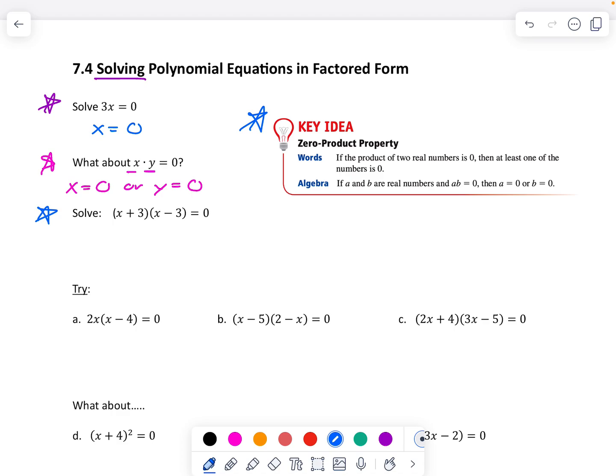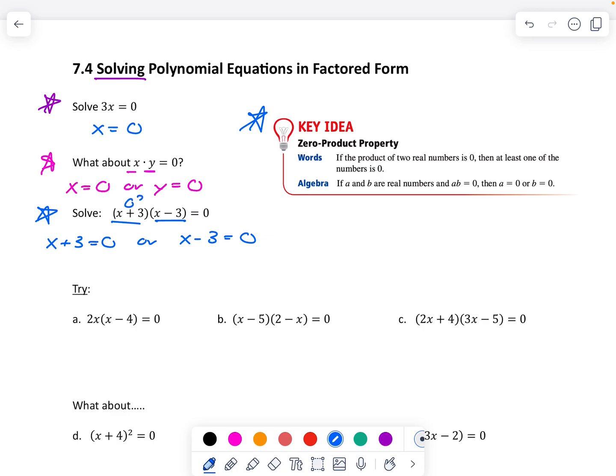We have two things being multiplied together that equals 0, so it's in its factored form. And we're going to leave it that way because it's kind of like our previous example. We have two things being multiplied together that equals 0, which means either my first parenthesis has to be 0 or my second parenthesis has to be 0.